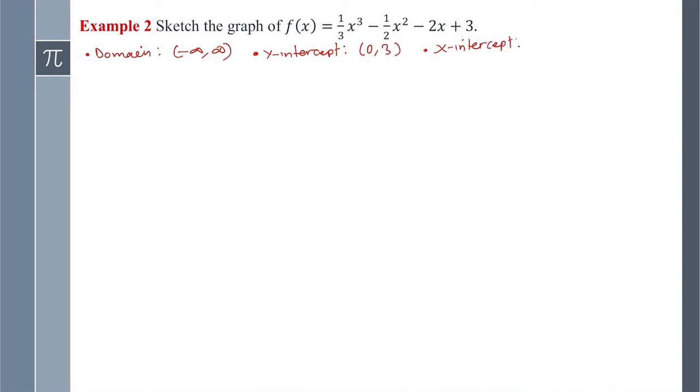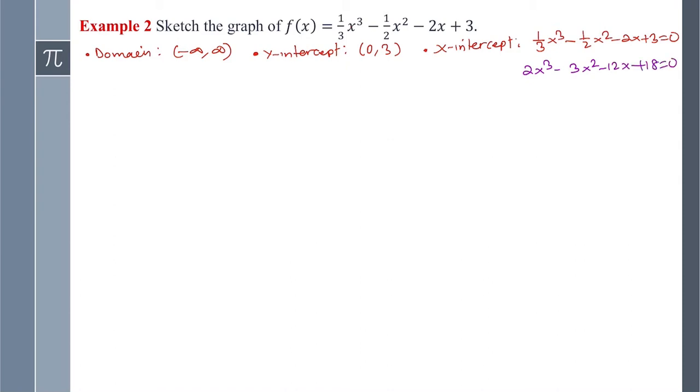To find the x-intercept, we are going to let the function equal 0. So 1/3 x cubed minus 1/2 x squared minus 2x plus 3 equals 0. Just to get rid of the fractions, I'm going to multiply everything by 6. If I do that, then I get 2x cubed minus 3x squared minus 12x plus 18 equals 0.